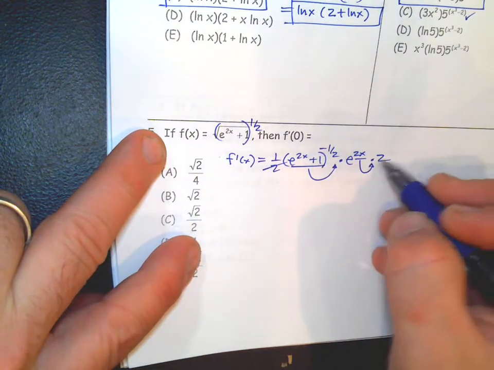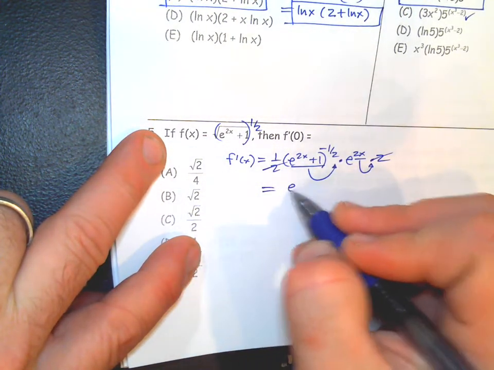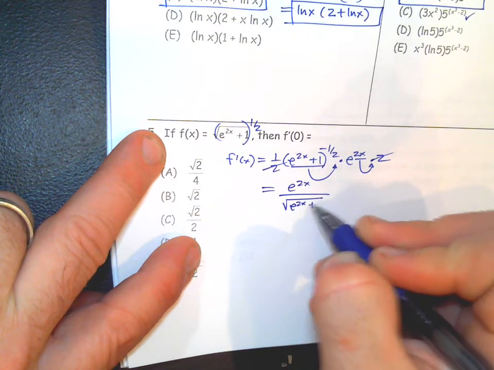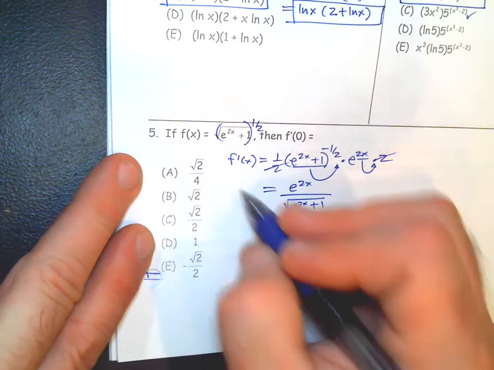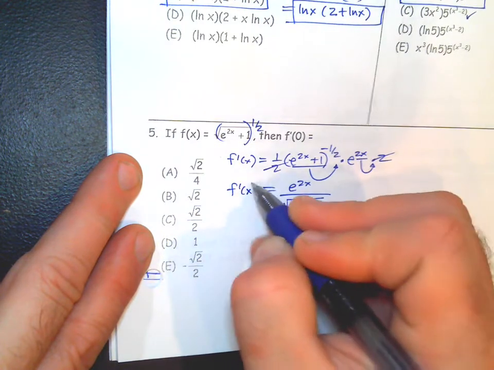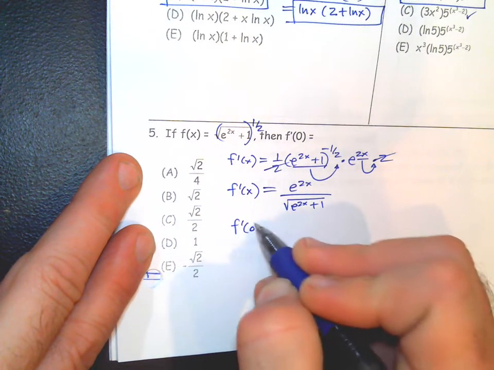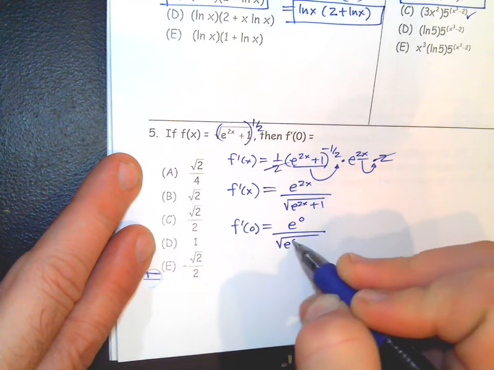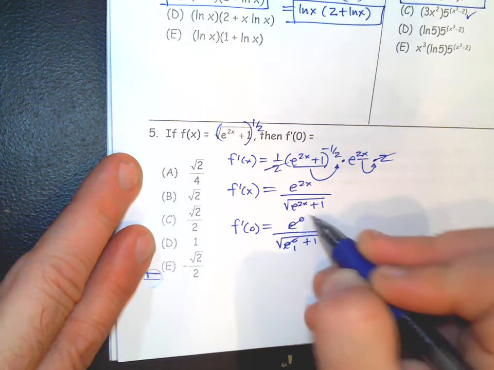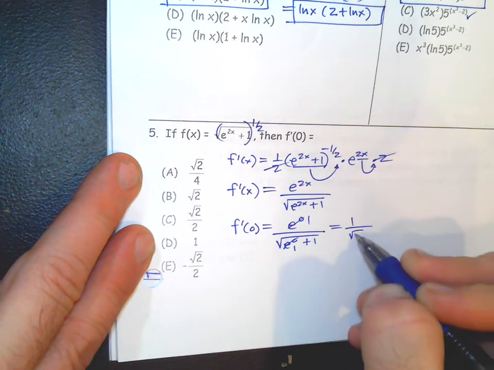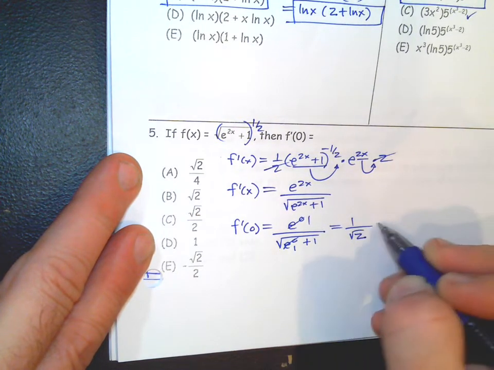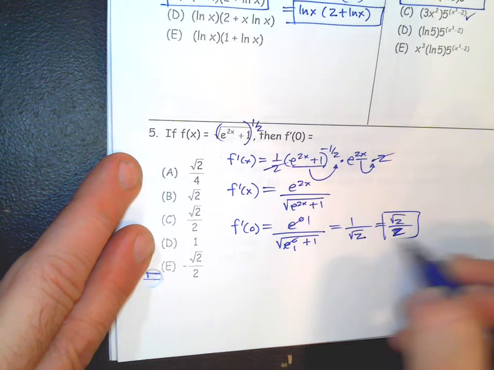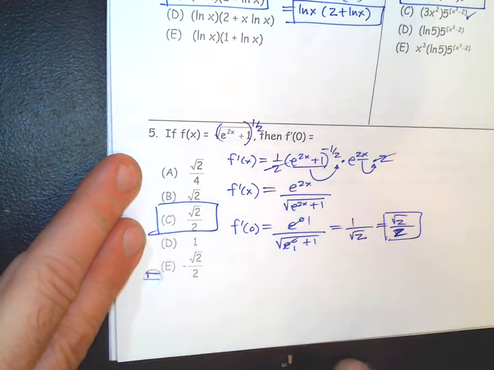Now the 2's cancel, and so we get e to the 2x over the square root of e to the 2x plus 1. Oh, and then we're going to plug 0 into it. That's why none of the answers look like it. So it's going to be e to the 0 over the square root of e to the 0 plus 1. E to the 0 is 1. So it's going to be 1 over the square root of 2, which would be fine. Or we could rationalize the denominator, root 2 over 2.